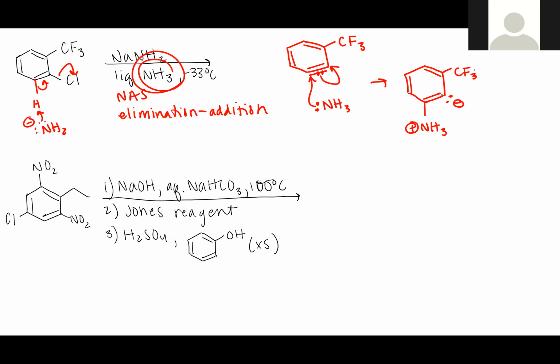Well, it's not only that, it's because these are electron withdrawing groups, correct? And they're deactivating? Well, it's not so much about the deactivation. It's because they're electron withdrawing. This is the more stable anion than if we had added in the ortho position.